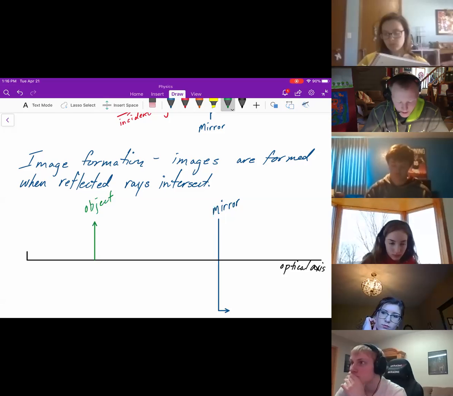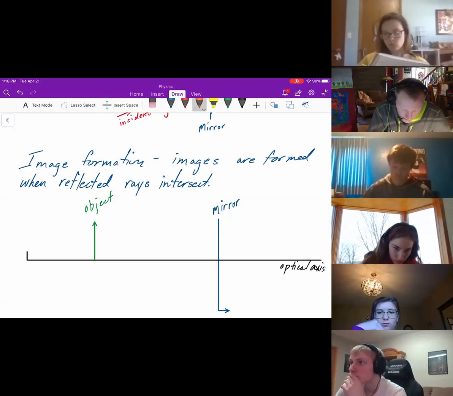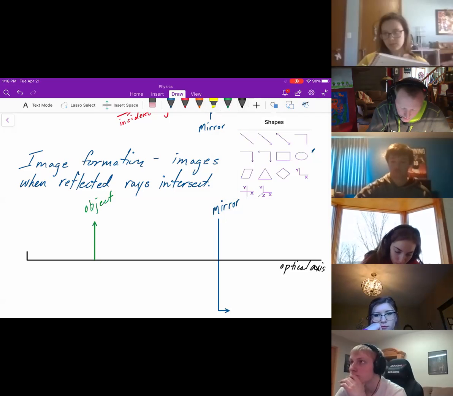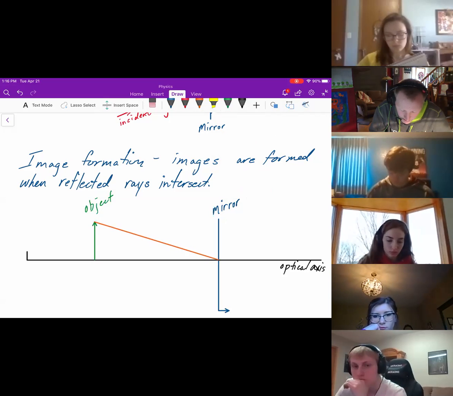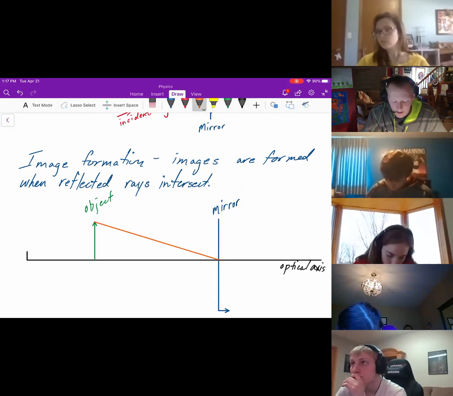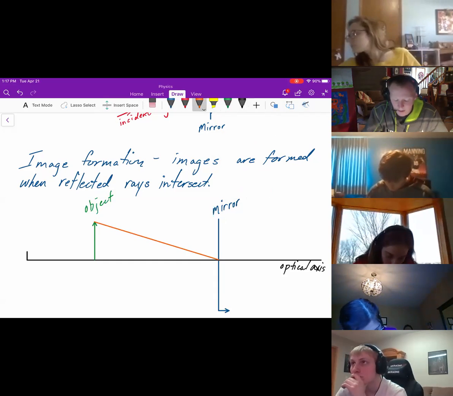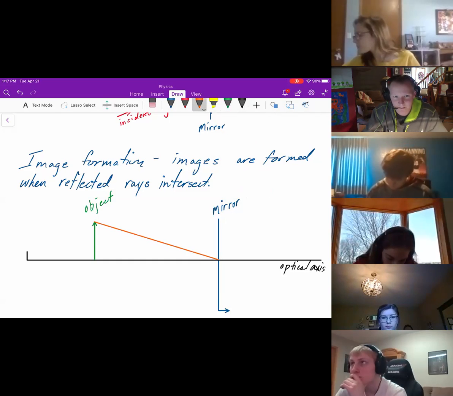So I'm going to do a couple of different ones using the law of reflection here. One of them is, let's make this one orange. The first one I'm going to draw is going from the top of the object to where the mirror intersects the optical axis.